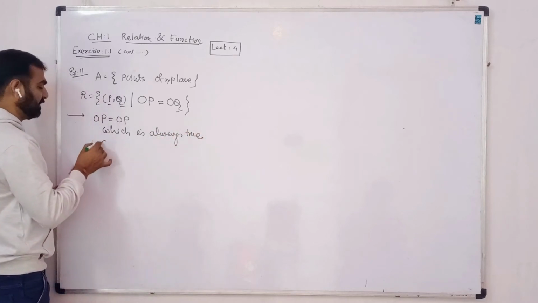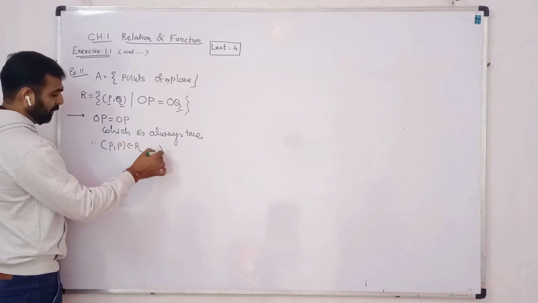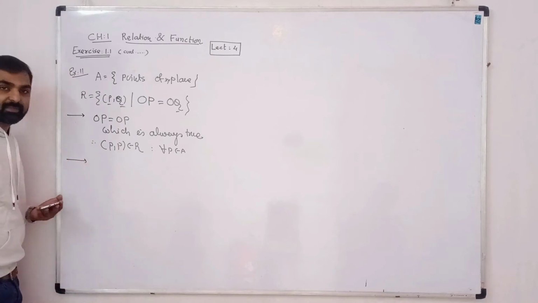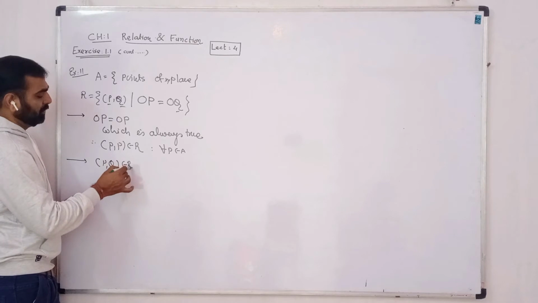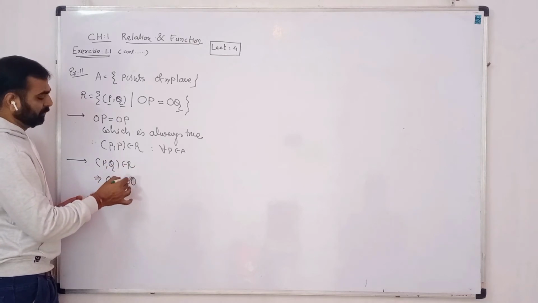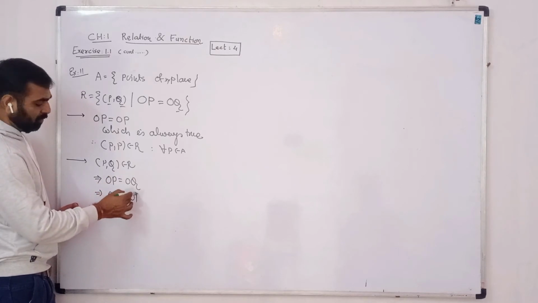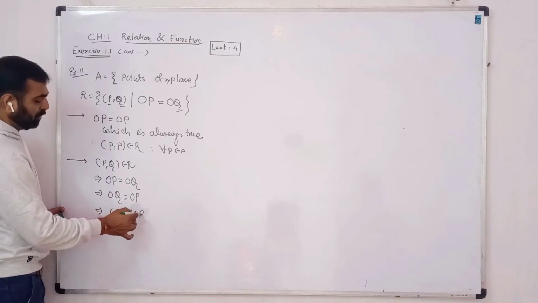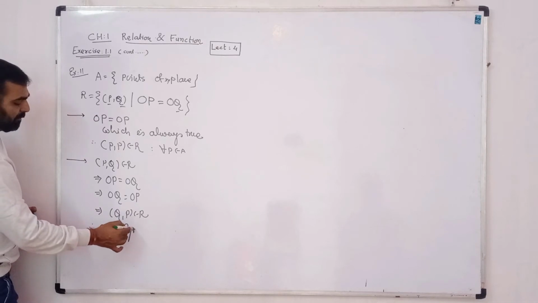So we can say that (P, P) belongs to R for every P belonging to capital A. Now for symmetric, consider (P, Q) belongs to R and we need to get (Q, P). For PQ, OP is equal to OQ, and for QP, reversing it, OQ is equal to OP. So we can say that (Q, P) belongs to R. Therefore R is a symmetric relation.